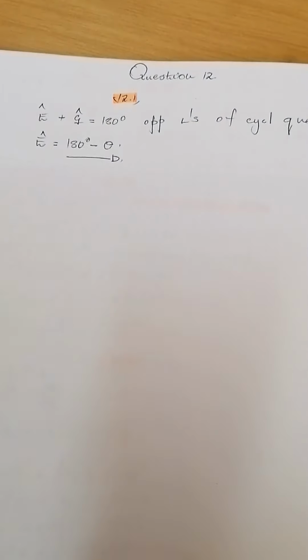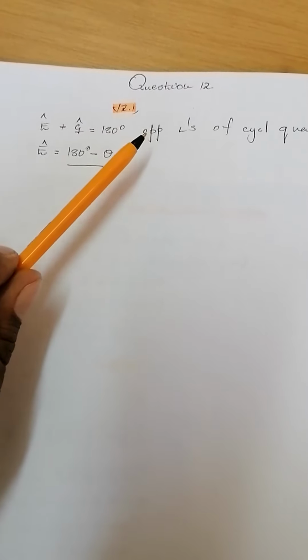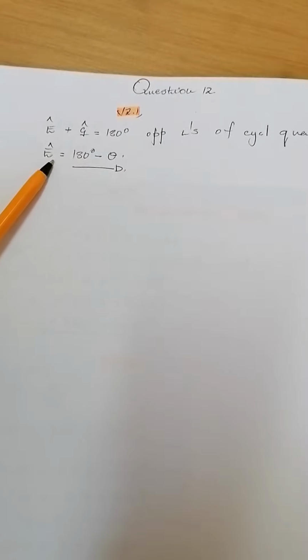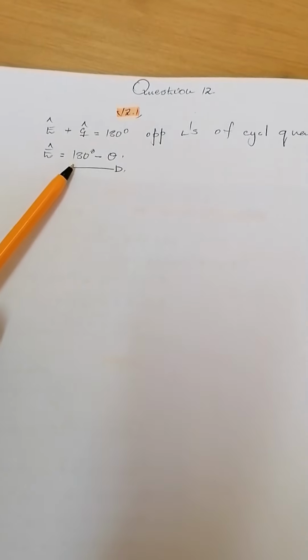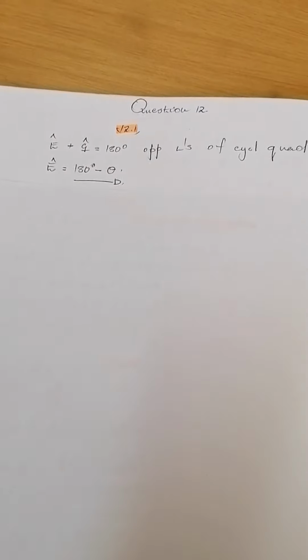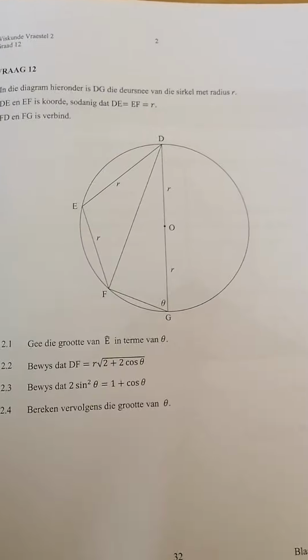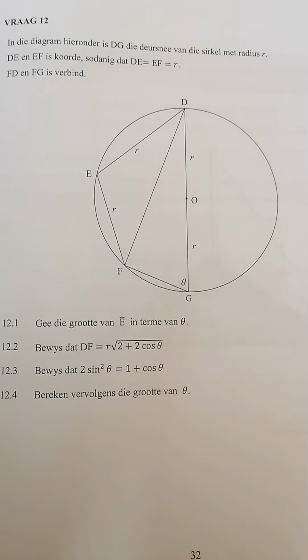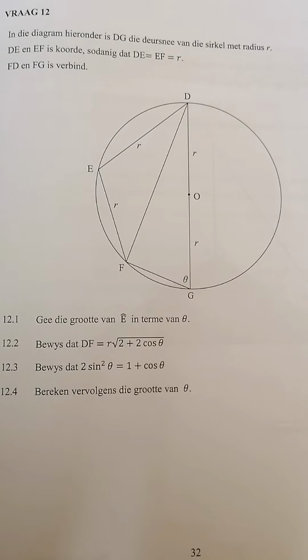I therefore manipulated and substituted. I took G to the other side, it became negative. I substituted, therefore angle E in terms of theta is 180 minus theta. We get that 1 mark. Now we know that angle E is 180 degrees minus theta.